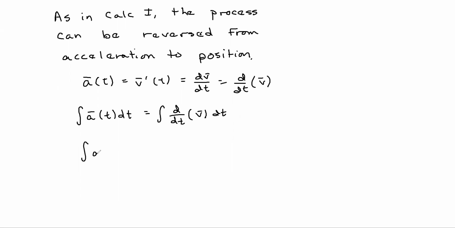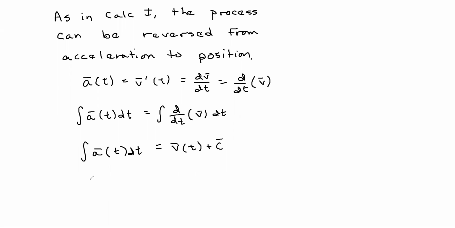The integral and the derivative are inverse functions. They cancel each other out, and we end up getting v plus c. Actually, let's throw a t in there: v of t plus c. And so you can see that by integrating acceleration, we can get to velocity.